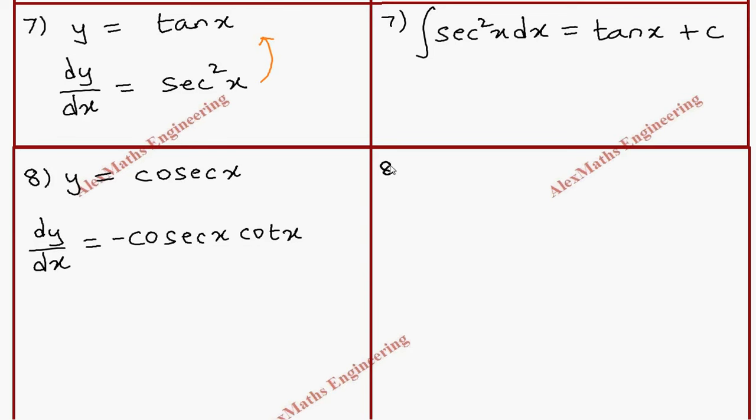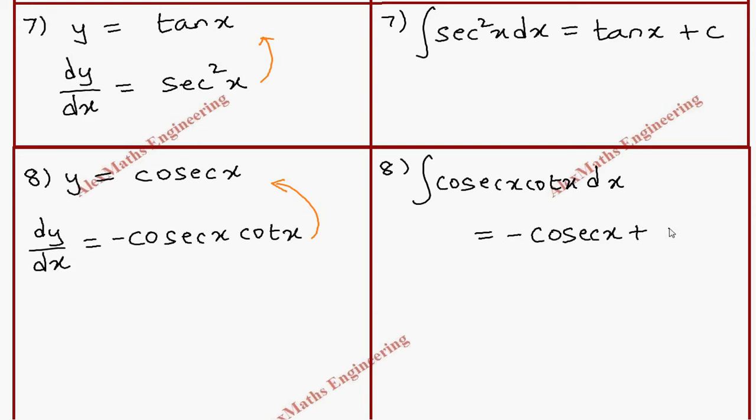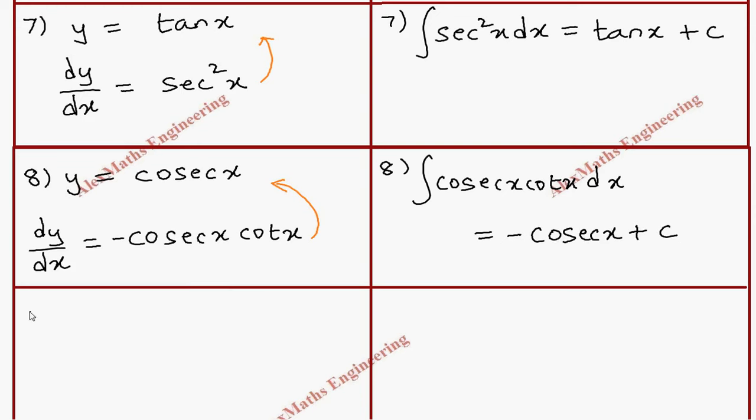So from this we can take the integration of cosecant x cot x dx as the reverse of this, which is nothing but cosecant x, but there is no minus sign here, so we take this minus sign to the other side. So minus cosecant x plus c.